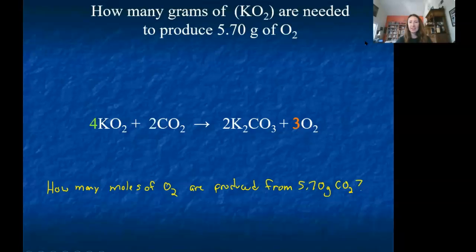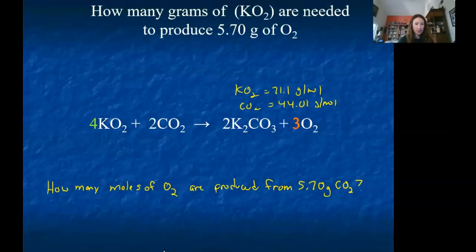Those of you who are jamming fast on this, I'm going to give everybody else a little bit more time. You can try this next one too. Oh yeah, you guys are looking for the molar masses. KO2 is 71.1, and CO2 is 44.01. I'm going to give you a little bit more time. And then again, those of you speed demons, do the one on the bottom.